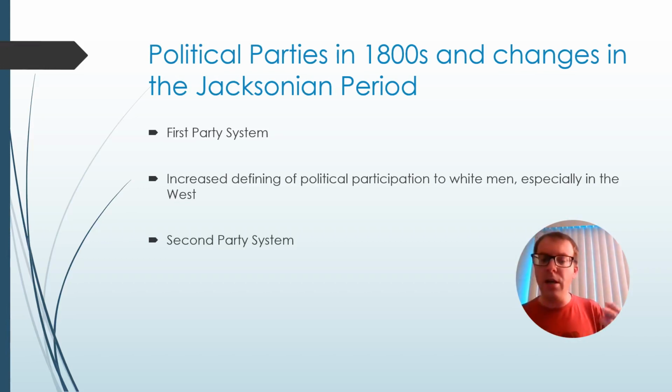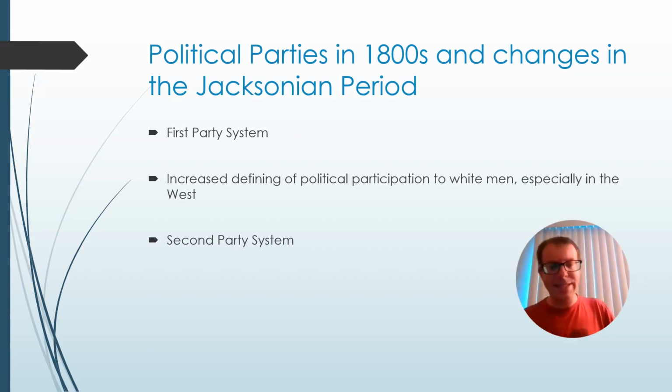So if you had enough property in order to vote, and you're African American, you can actually vote in many northern states in the late 1700s and the early 1800s. Women could actually vote in New Jersey until the early 1800s if they had enough property under their names. So this system was definitely more classist and less race and gender based in terms of voting rights.